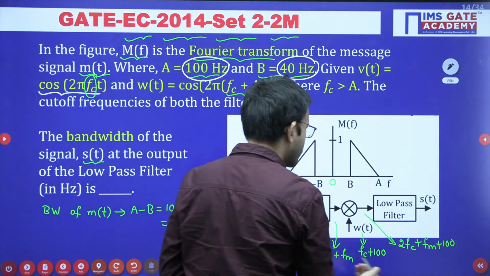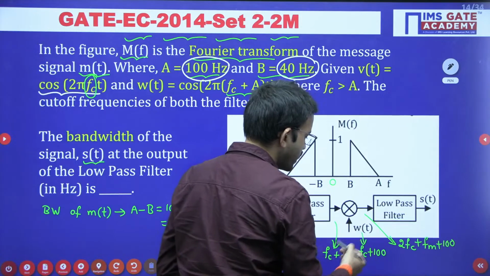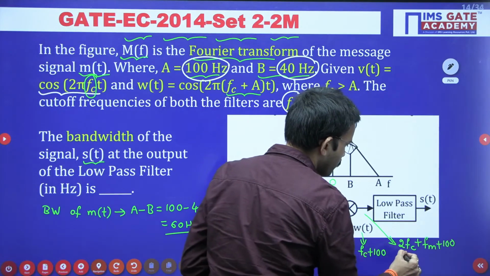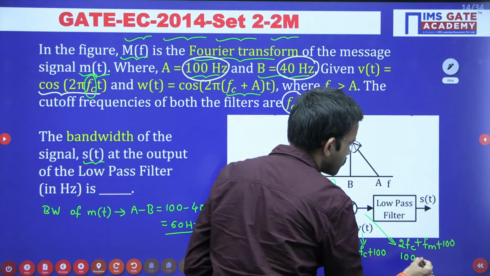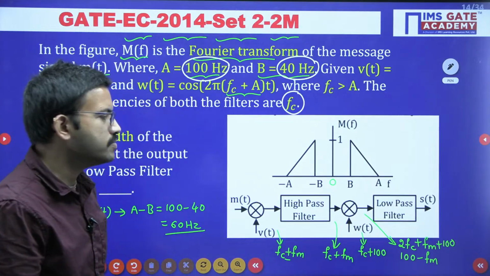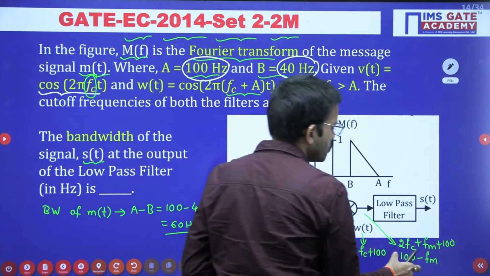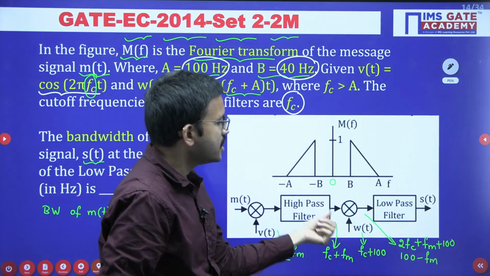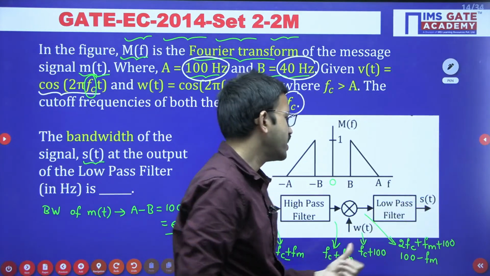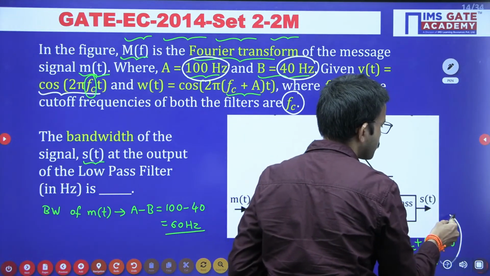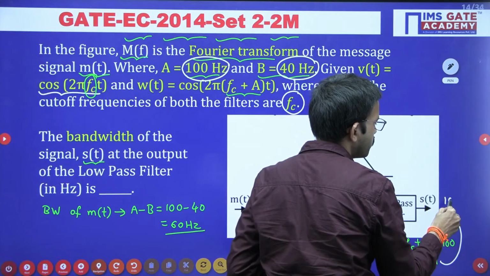And if you subtract these 2 frequencies, Fc will get cancelled, and you will get 100 minus Fm. Now among these 2 frequencies, when you compare with respect to Fc, 2Fc is greater, right? So it won't pass, it will pass only 100 minus Fm.